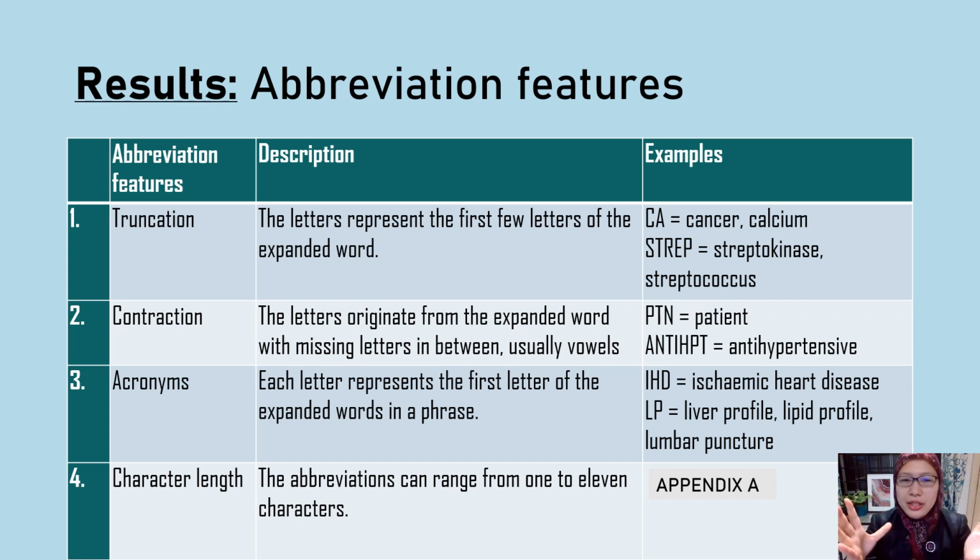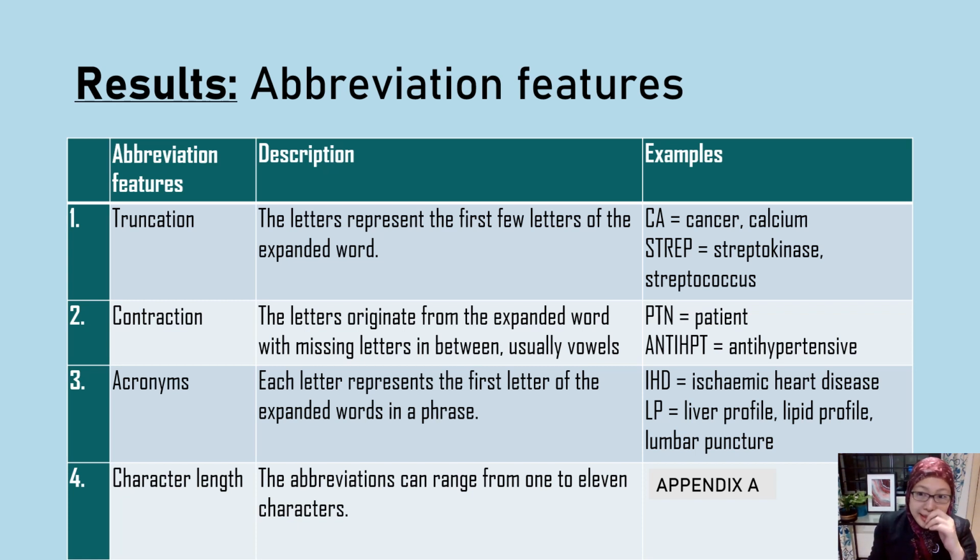So truncation occurs when the first few letters represent the entire abbreviation. Contraction occurs when some of the letters in between are missing, and these are usually vowels. Whereas in acronyms, the first letters usually represent the words in the phrase. For example, IHD for ischemic heart disease, LP for liver profile and lipid profile, and so forth.